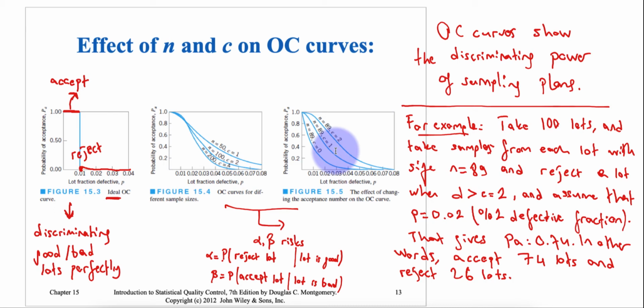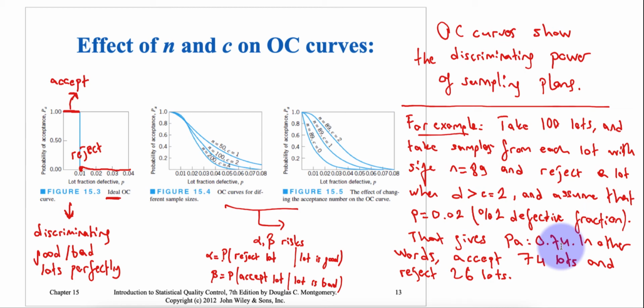All right, so for example, when we take 100 lots and let's say sample size is 89 and C is 2, and assume that the lot fraction defective is 0.02, and it means that 2% of the lots are defective. When you make this sampling plan, probability of acceptance will be 0.74.